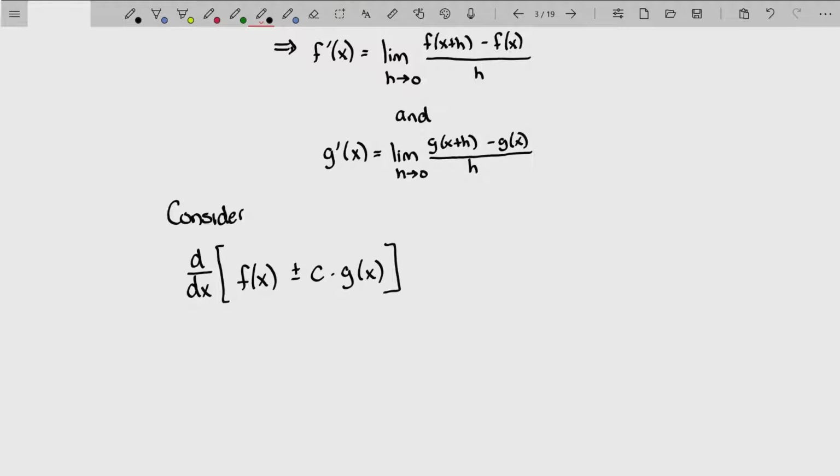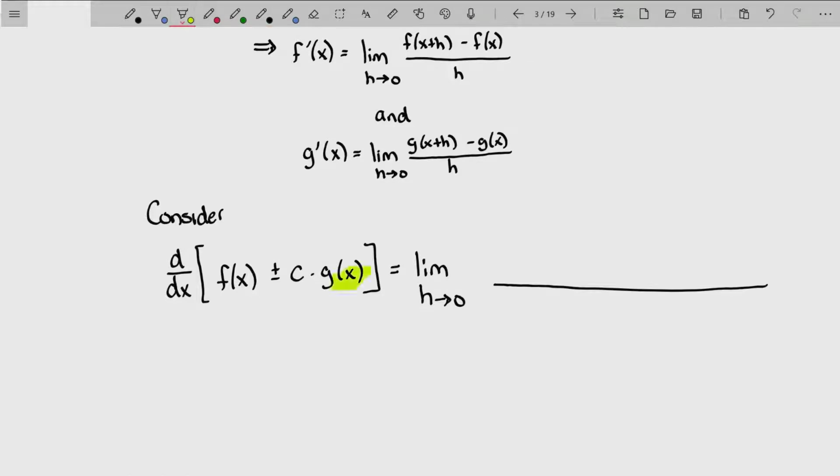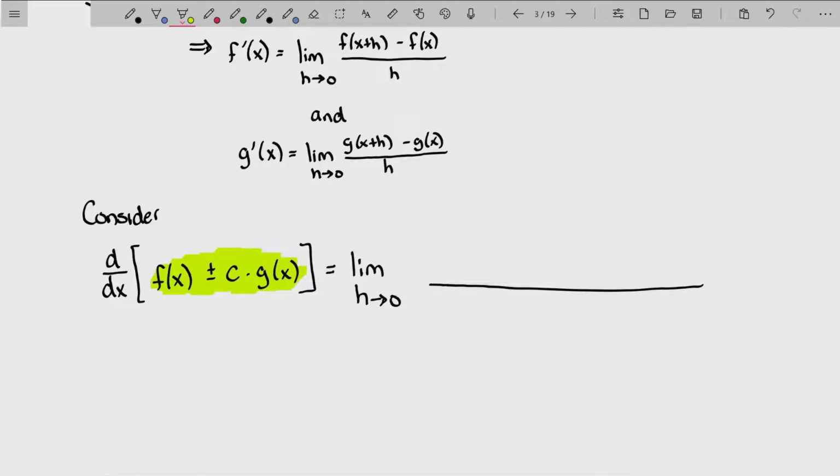Well, by definition of a derivative, that should equal the limit as h goes to 0 of a big old fraction. The first part of the fraction is this argument right here, this whole entire thing evaluated at x plus h. So let's go ahead and just plug in x plus h to that.